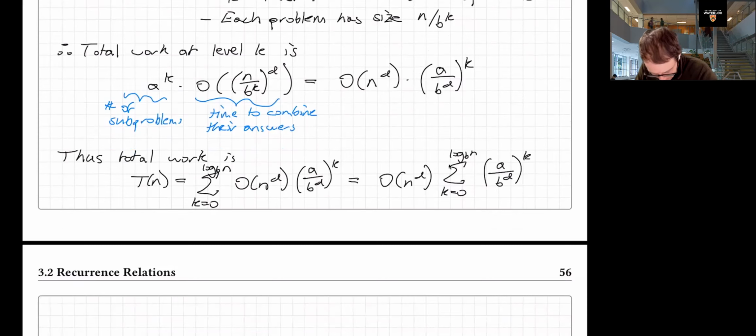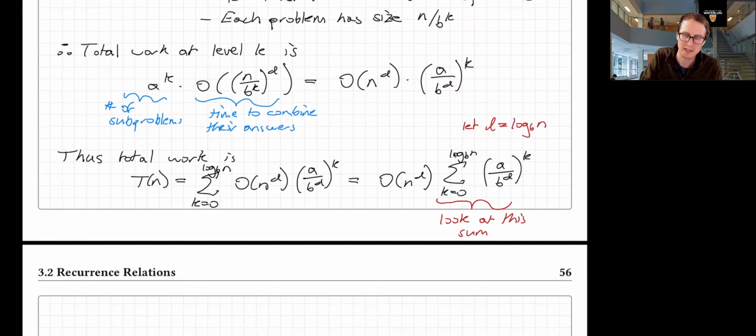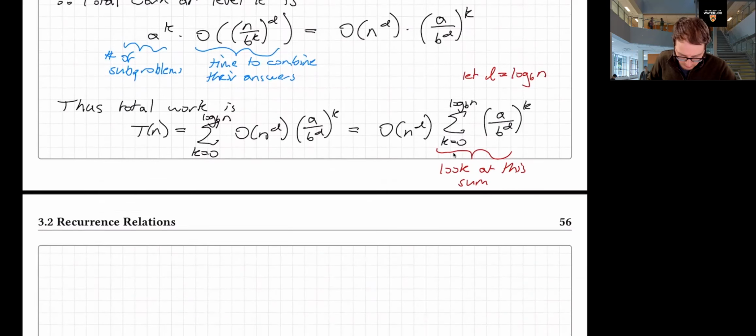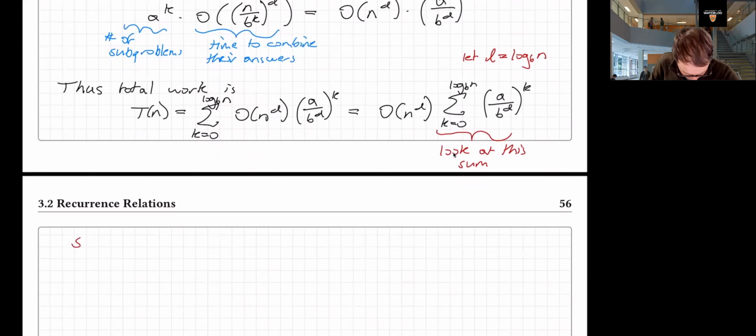Let's look at this sum, and let L be equal to log base b of n, just so I don't have to write log base b of n. The sum is the sum from k equals 0 to L of a over b to the d all to the power of k.